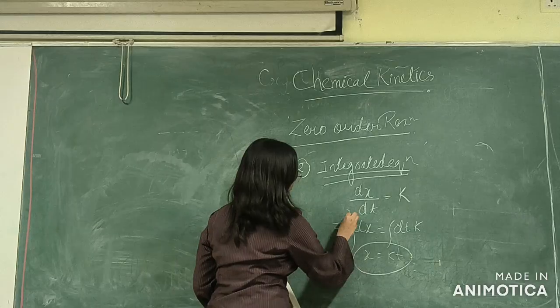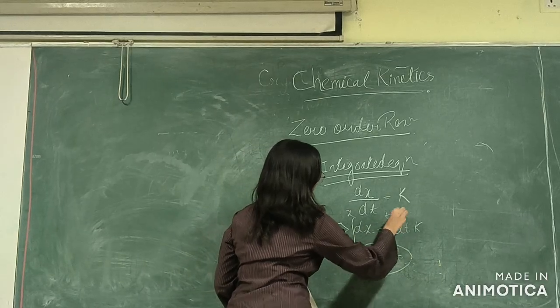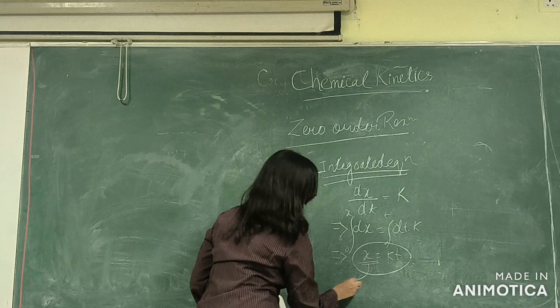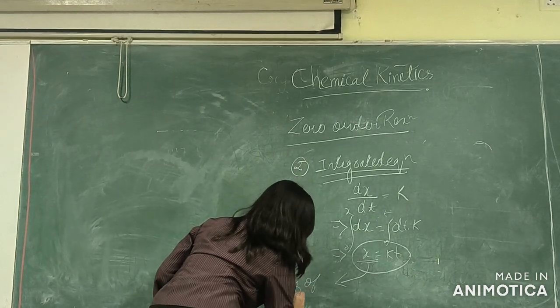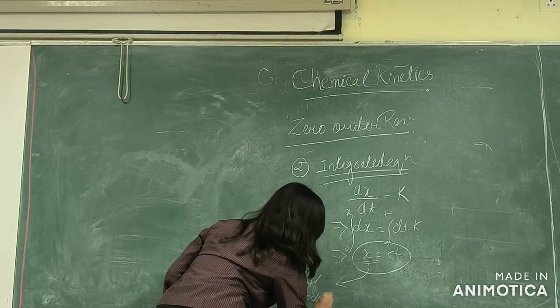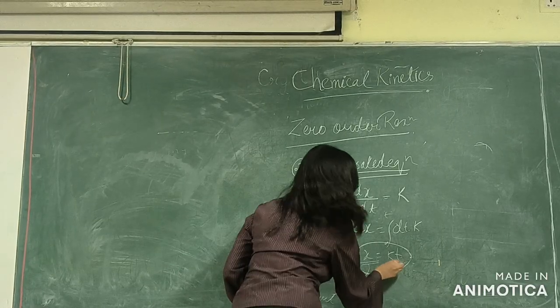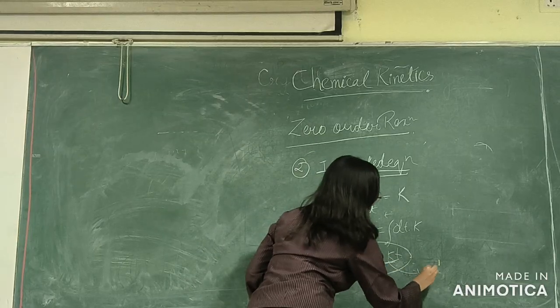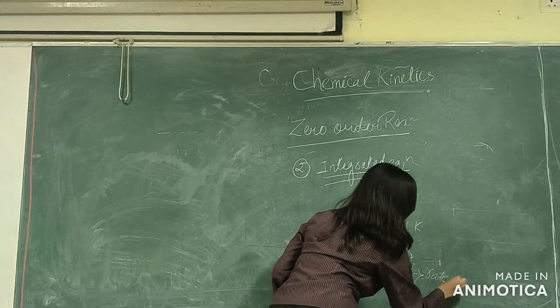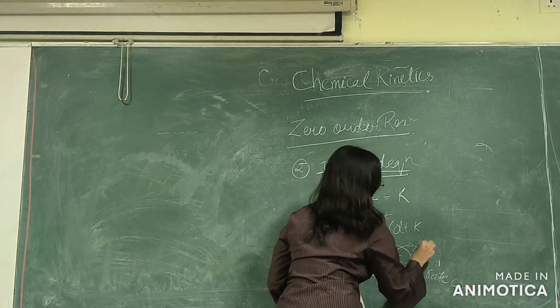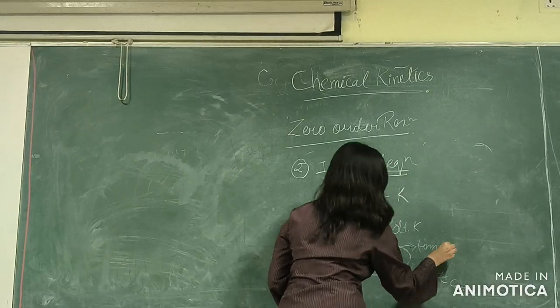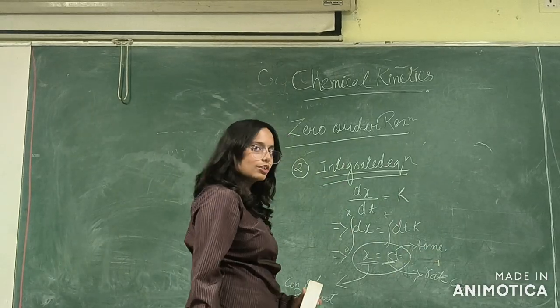The limits will be from 0 to x and 0 to t. What is x here? x is the concentration of product, not the reactant. And what is k here? k is the rate constant, and t is the normal time. So this is our integrated rate equation.